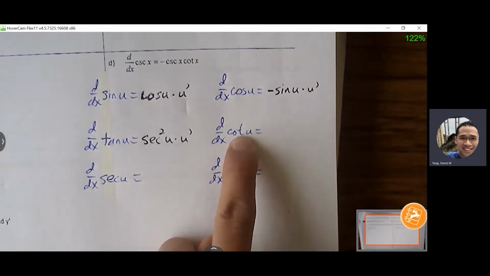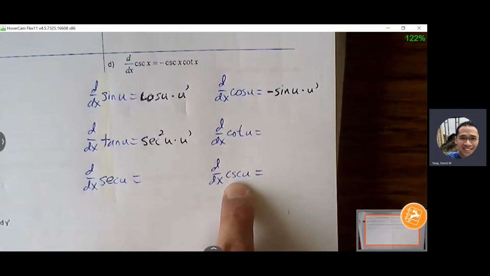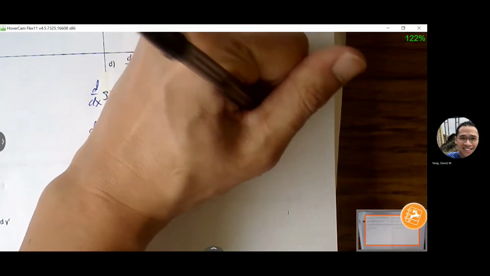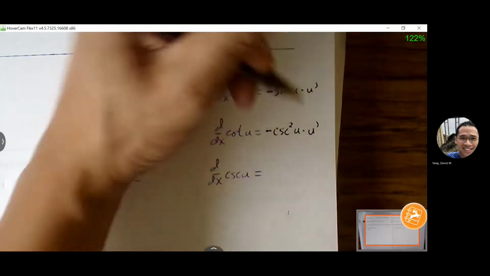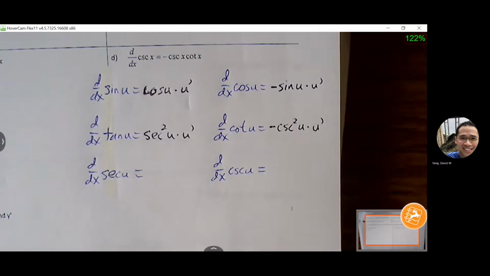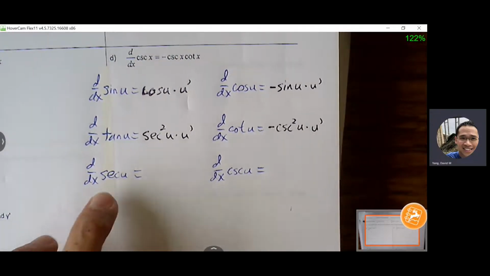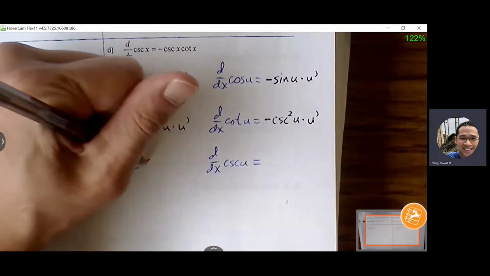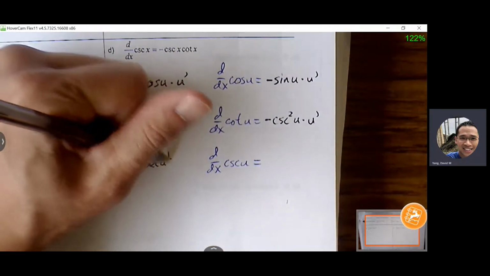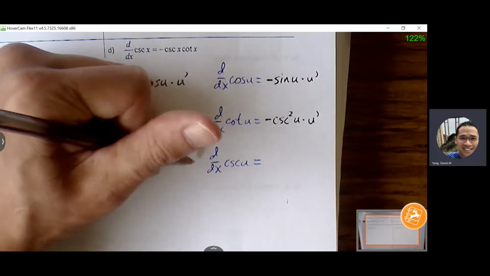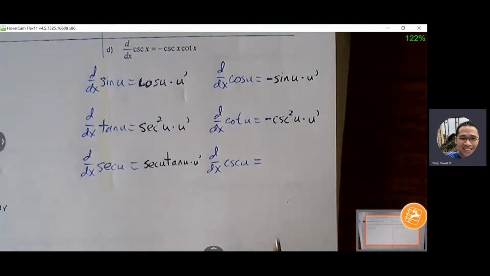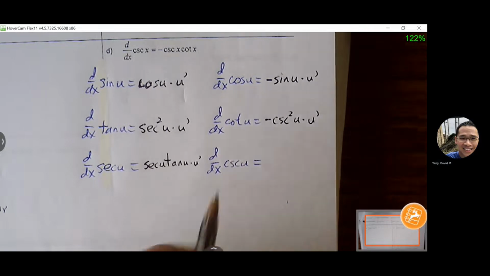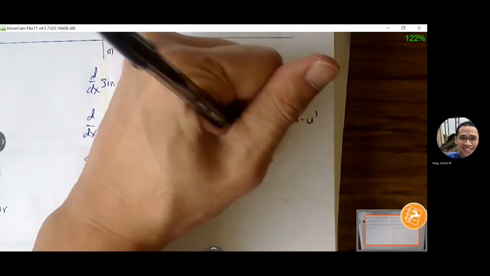Same thing here, cotangent's derivative is just taking the one below it and squaring it as well, but there's a negative in front. Secant's derivative just involves itself and the one above it. So it's going to be secant u tangent u times u prime. Same pattern here, cosecant is just going to involve itself and the one above it, but there's a negative involved.